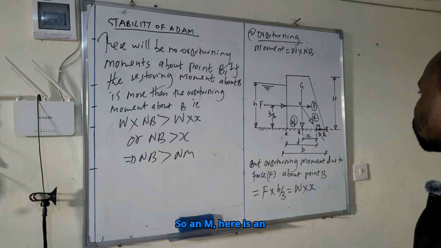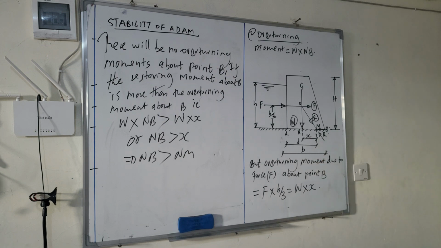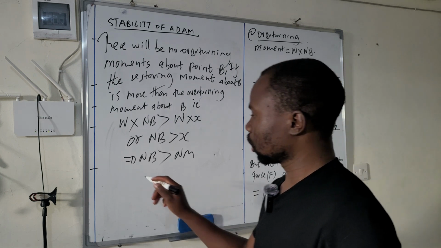So NM, here is NM, which is distance X. So this means that there will be no overturning of the dam if point M lies between N and B or between A and B. So this is the last statement.